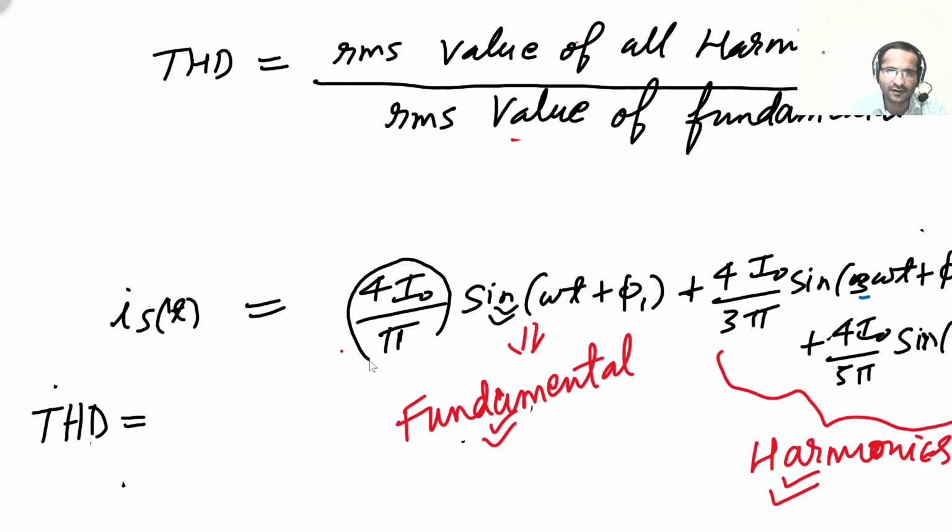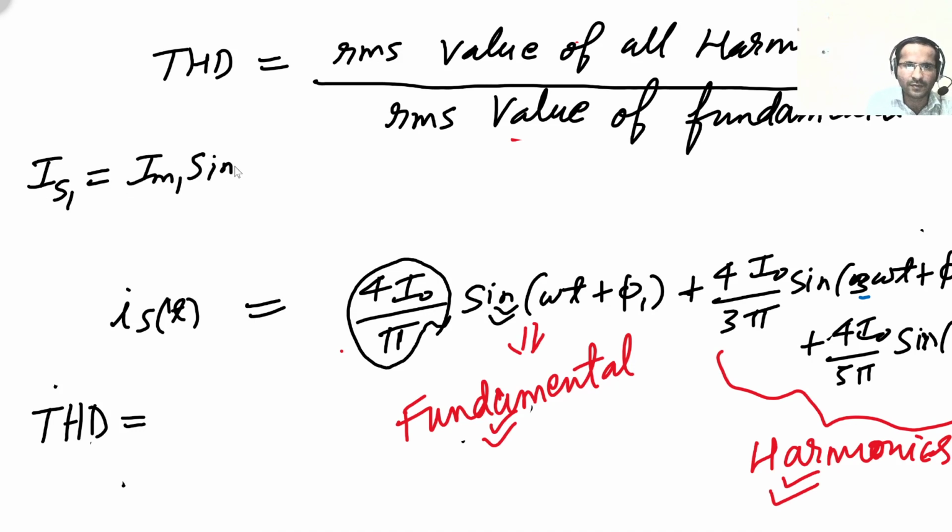This is the maximum fundamental value, because if you take this alone, this is IS1, which is Im1 sine omega t plus phi 1.